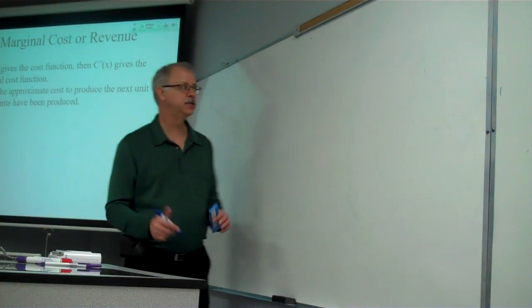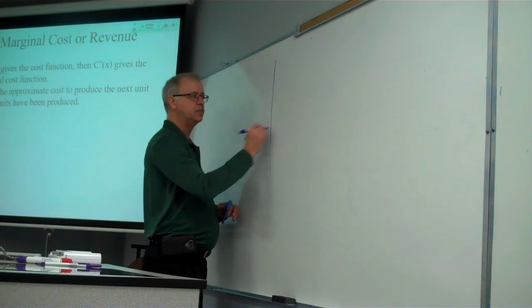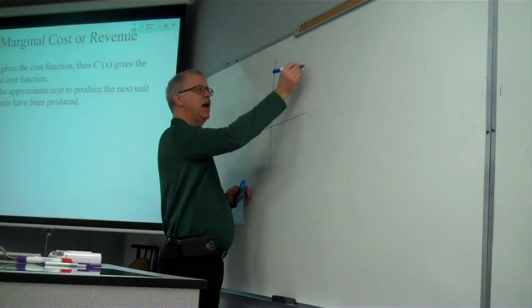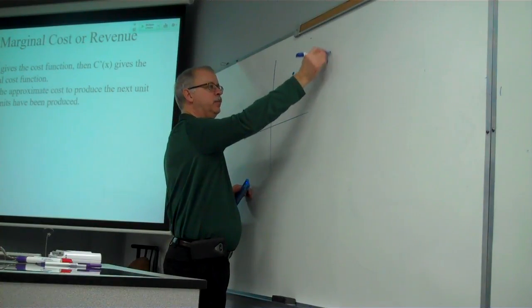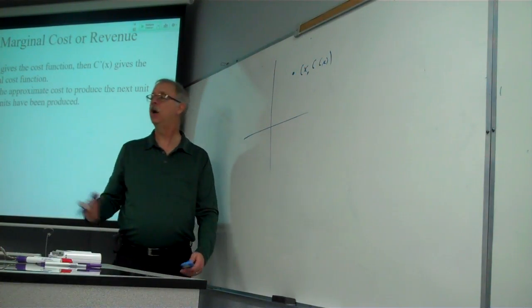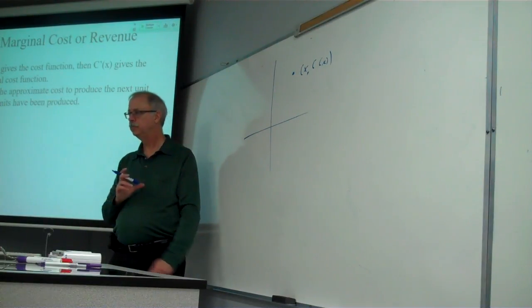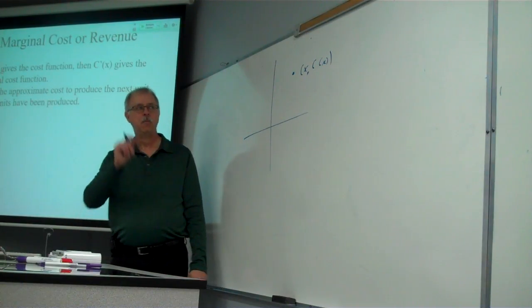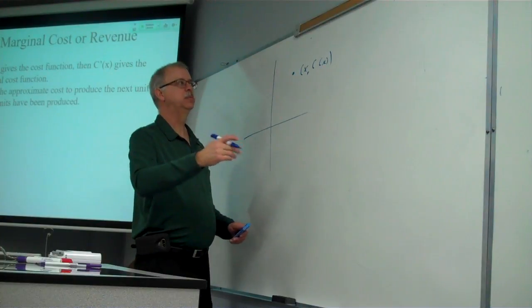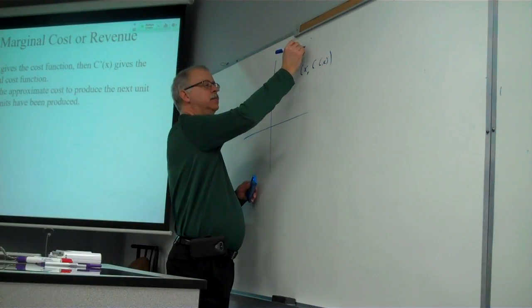And so the idea here is we've got some cost, we're at some point X, where we may or may not know what the cost is to produce X units. The marginal cost is how much does it cost to produce the next unit?